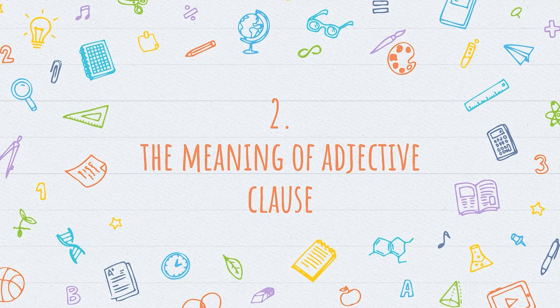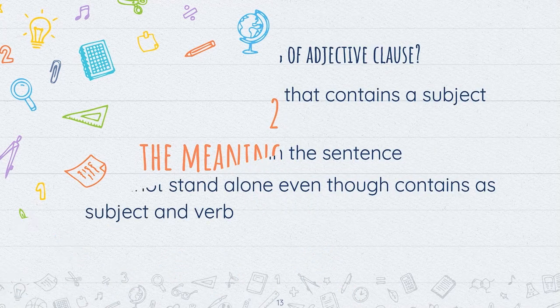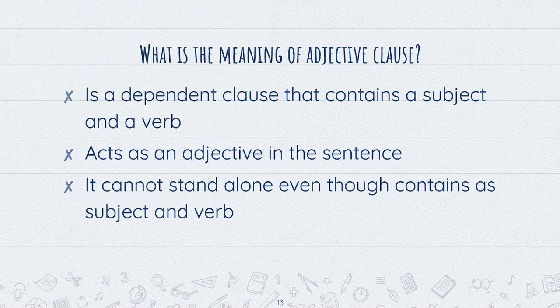Okay, after we learn about noun clause, it is time that we move to the meaning and also the use of adjective clause. Basically, an adjective clause is used to become the adjective of a sentence. So what is the meaning of adjective clause? An adjective clause is a dependent clause that contains a subject and a verb, and it also acts as an adjective in the sentence.